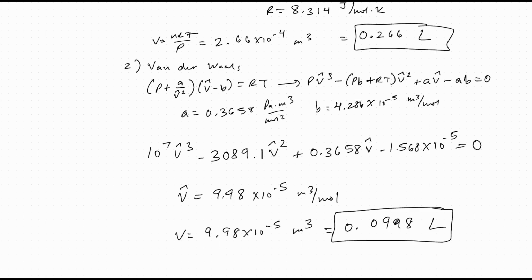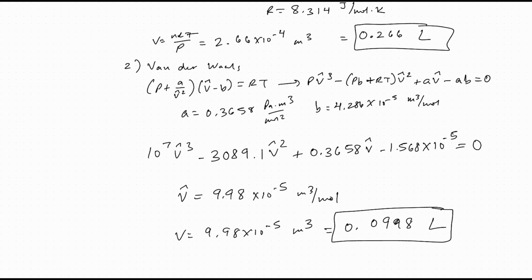And if you look at the actual conditions, it's fairly high pressure. 10 megapascals is no joke. And then the temperature is not that high. It's 320, which is around 50 Celsius, right?